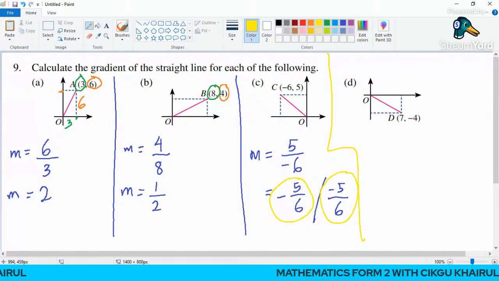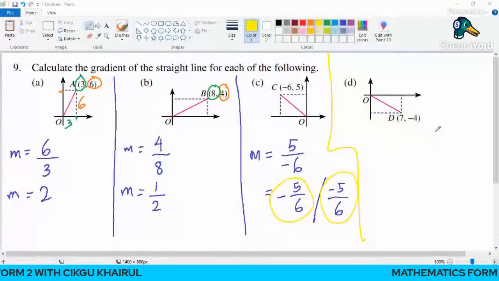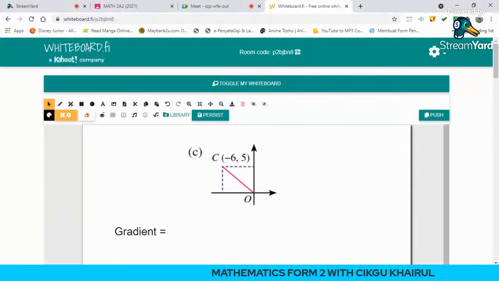I think this is easy. D is easy. Let me copy and I give it to you. Let me erase this one first.